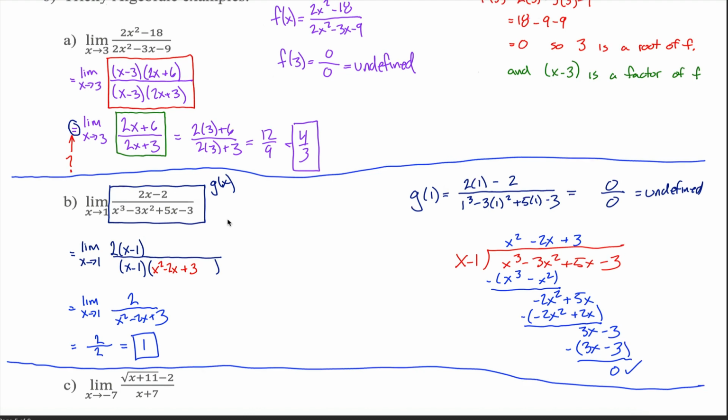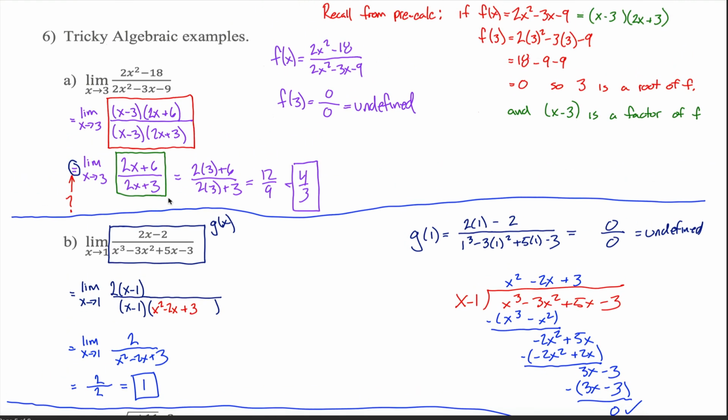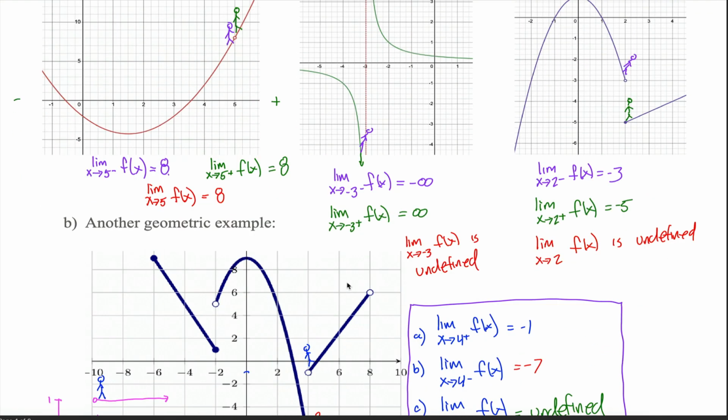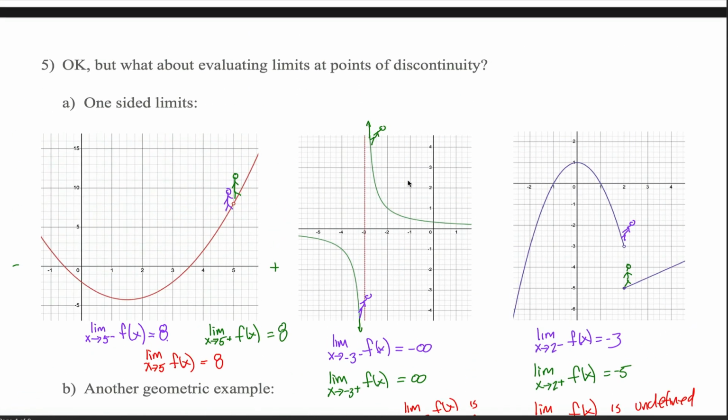And it's what you'll need to do anytime you're evaluating a limit at a point of discontinuity where that discontinuity is a removable discontinuity. And hint, the case we're going to be interested in this class is exactly that. I'm supposed to teach you about all sorts of discontinuities in this section, which is why I drew all these different pictures for you and showed you all the different types.